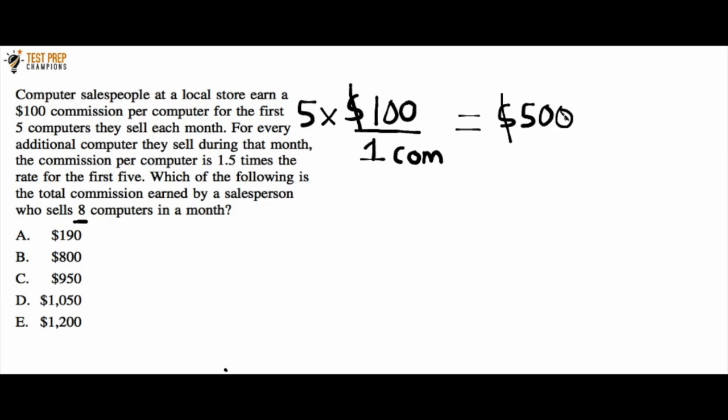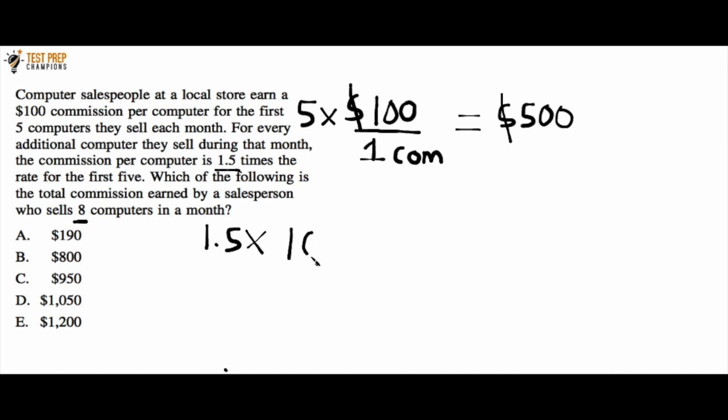Now, the salesperson again sold 8 computers total. So now we have to figure out how much the salesperson made in total altogether here. So we know that after the first 5 computers are sold, the commission is going to be 1.5 times the rate for the first 5. So we have to do 1.5 times the rate for the first 5 computers sold.